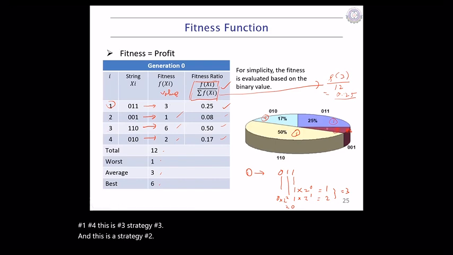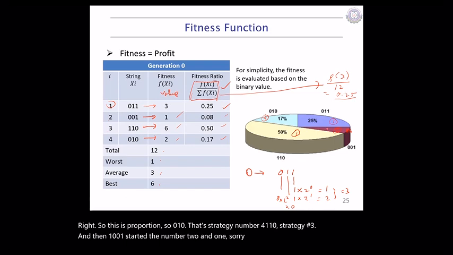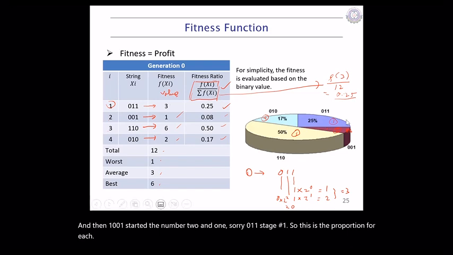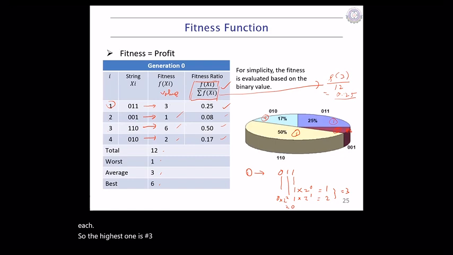So this is the proportion. So 0, 1, 0, strategy number 4, 1, 1, 0, strategy number 3. And then 1, 0, 0, 1, strategy number 2, and 0, 1, 1, strategy number 1. So this is the proportion for each. The highest one is number 3, and the lowest one is number 2, with 0, 0, 1.